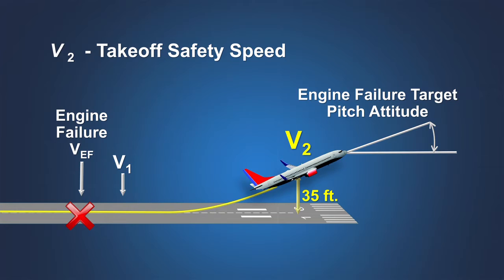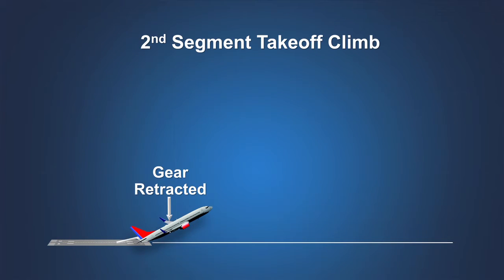As a result, the speed obtained at 35 feet will be higher than V2. These procedures recommend maintaining this higher speed up to a maximum of V2 plus 10 to V2 plus 20 knots, when such an increase does not affect climb performance. The second segment must continue to a minimum height of 400 feet above the runway surface.